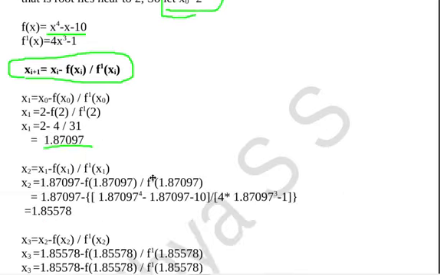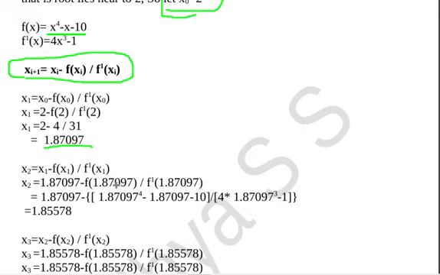For the next iteration, I need to find the value of x2. I will substitute in this formula: x2 is equal to x1 minus f of x1 by f dash of x1. Here x1 is 1.87097. So it is 1.87097 minus f of 1.87097 divided by f dash 1.87097.